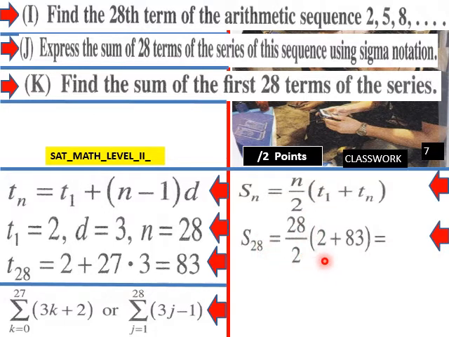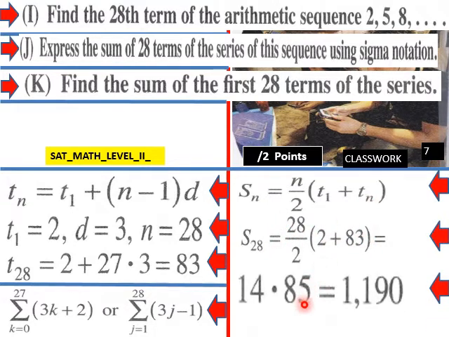The sum of 28 would be 28 over 2 multiplied by 2, which is term 1, plus the term n, which would be 83. We know that much from finding the 28th term. So now here is our setup for finding that. That would be 14 times 85, which equals 1190. So that would be the sum up through the 28th term.